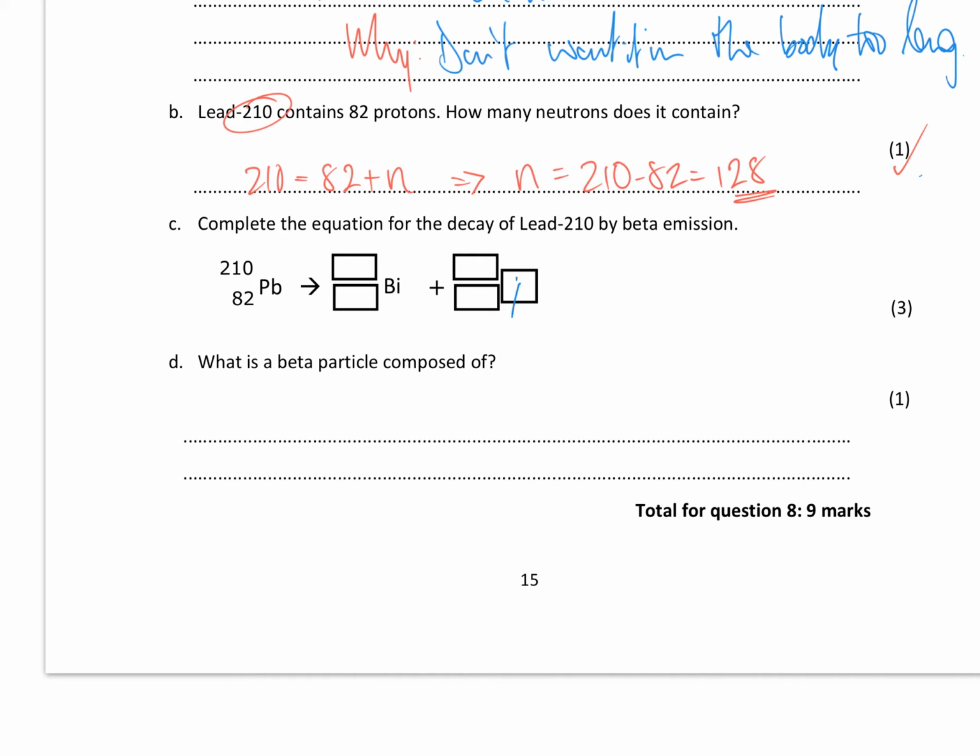We want beta, we want minus 1, 0, because it's an electron, so it has a minus 1 charge, but it doesn't really have a mass to it. So if everything along the top must add up, that must be 210, because equal sign. And because this is minus 1, what plus that must be 83, plus minus 1 gives us 82.